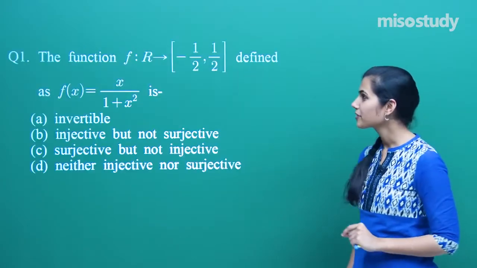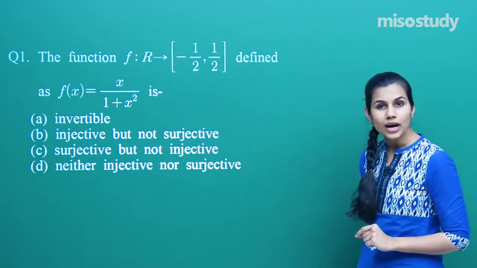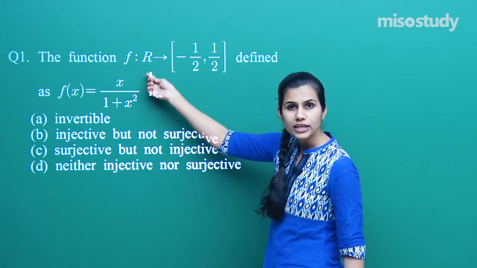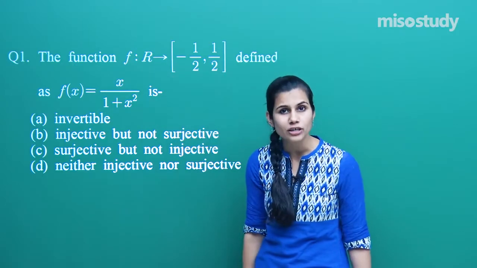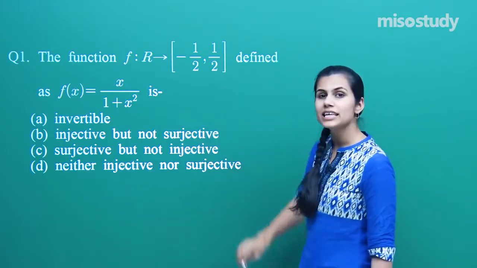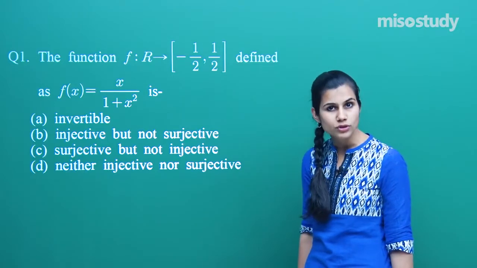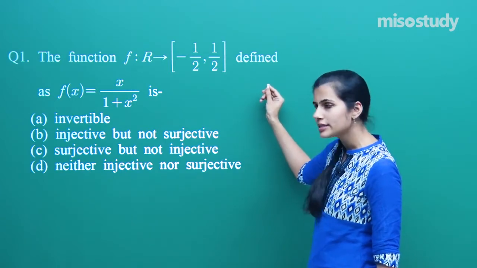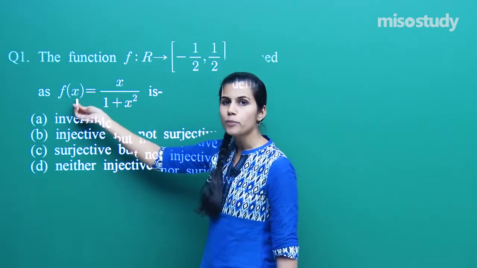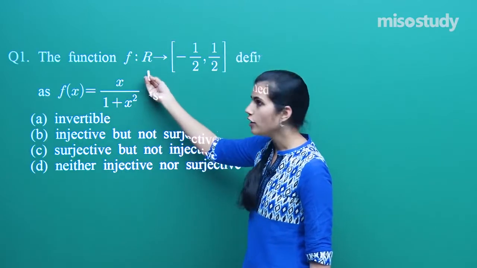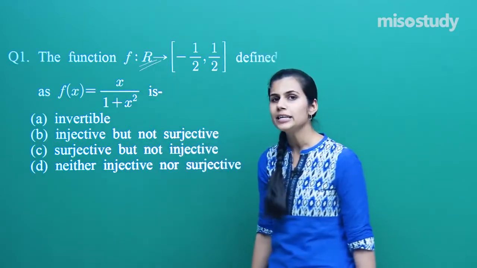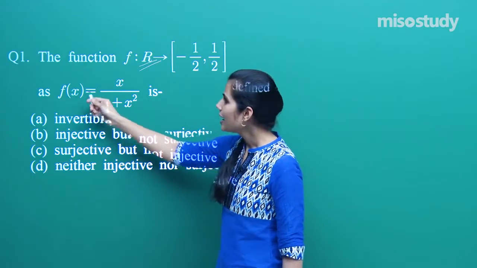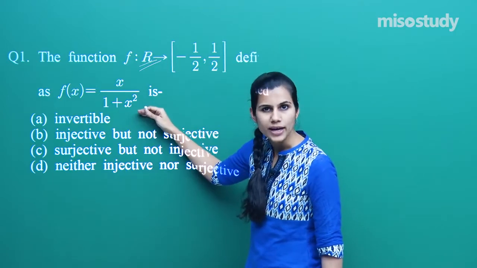The first question is talking about a certain function f from the collection of all reals, which is acting here as the domain of the function f, and the codomain is given to be the closed interval [-1/2, 1/2]. The rule this function follows is that whenever it takes an input x from the collection of all reals, because this is the valid input set for the function f, it returns the output x upon 1 plus x square.